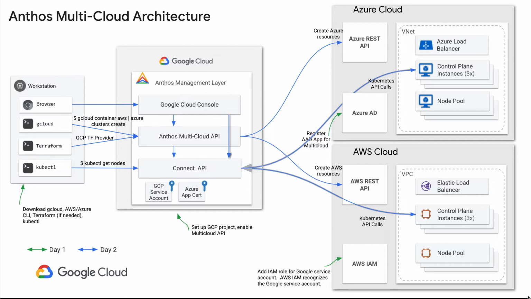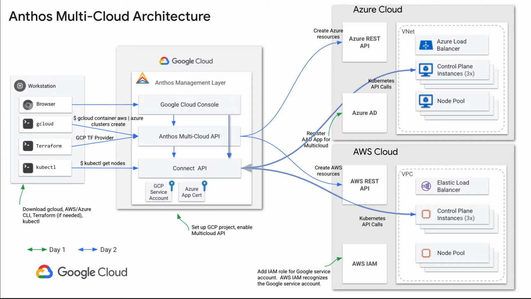They run on EC2 or Azure VMs and are fully integrated with cloud providers' native platform resources. With Anthos clusters, you get the same distribution bits, same security patches, and same networking technologies as you get with the GCP GKE cluster. The Anthos multi-cloud architecture has a few key components.